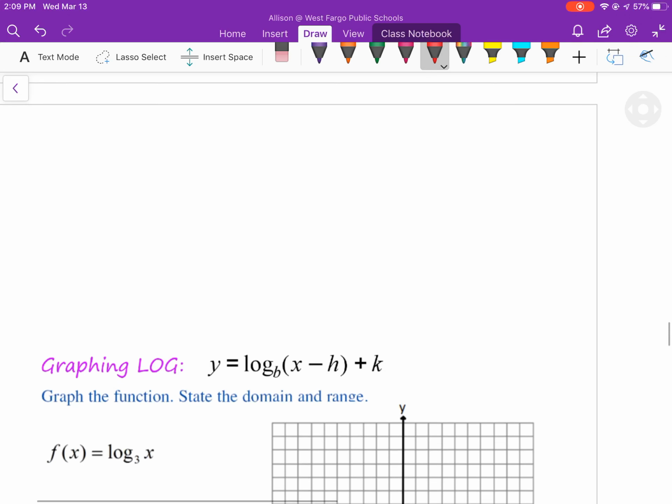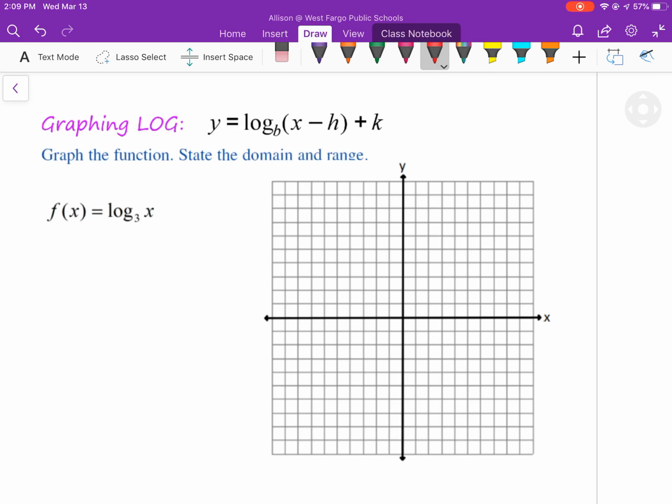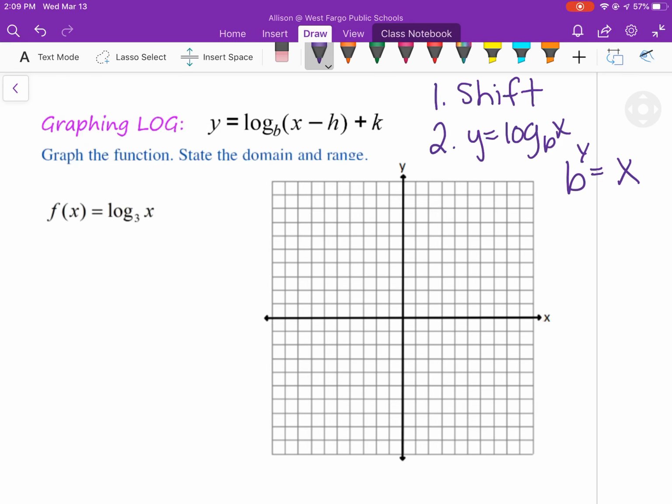So how we're going to graph these: step 1, you're going to find your shift. Then step 2, you're going to rewrite it: if you have y equals log base b of x, you're going to rewrite that as b to the y power equals x.